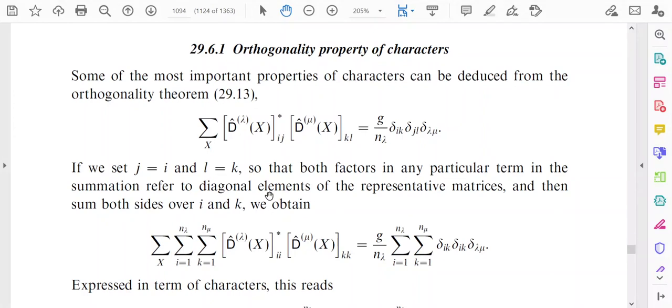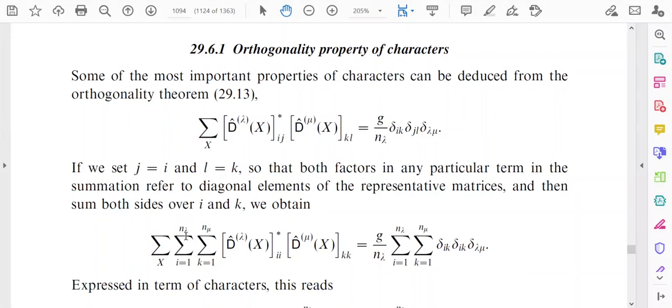So, we obtain, we have said that j is equal to i, so you see that this has been written as ii, and we have also said that l is equal to k, so it has been written as kk. Similarly, on the right hand side you see the Kronecker delta functions, delta ik and delta jl, and here delta ik into delta ik and delta lambda mu, which was previously there, and the summation is from i equal to 1 to n lambda and k equal to 1 to n mu.